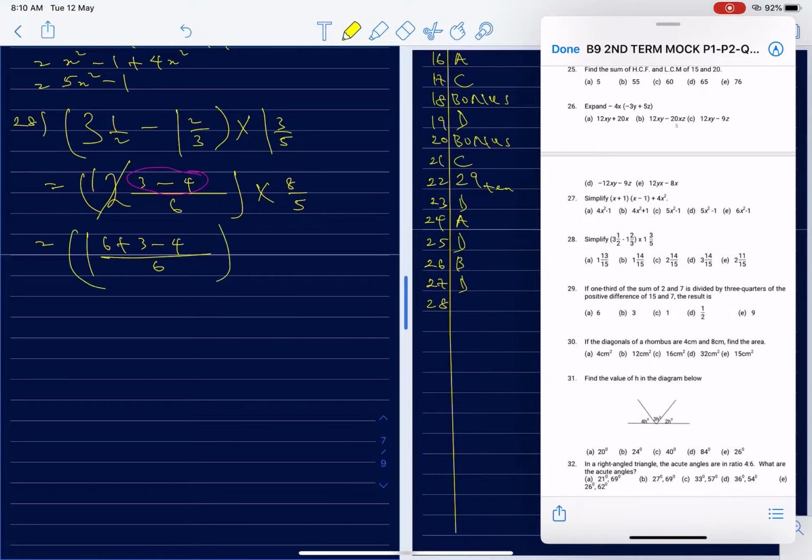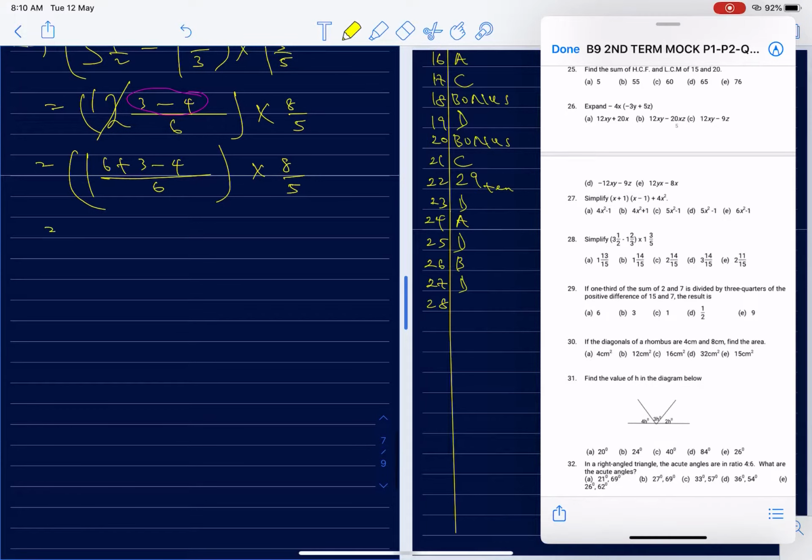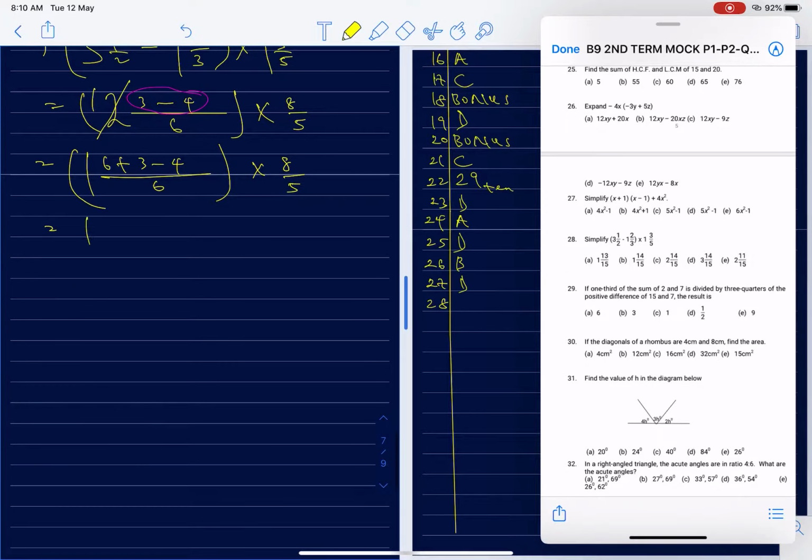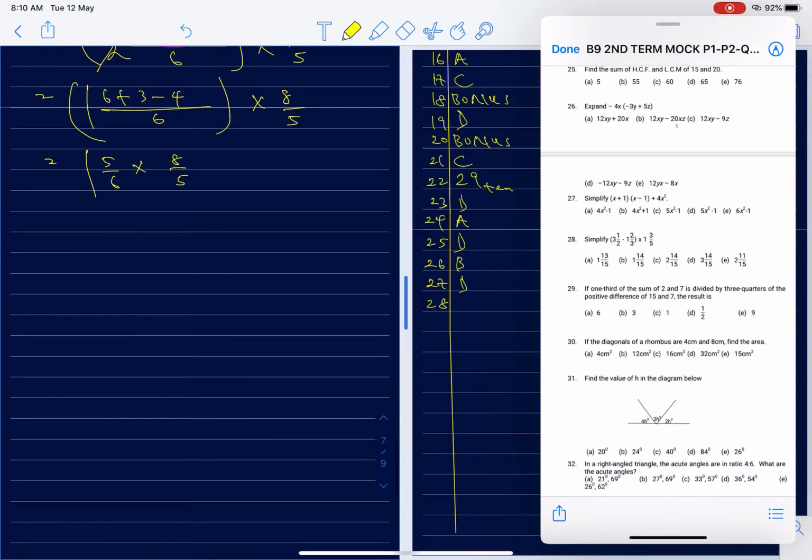I'm sure you still remember that primary school method of doing this. That's 1 and 6 plus 3 is 9 minus 4, 5 over 6, times 8 over 5, and that becomes 11 over 6 times 8 over 5.